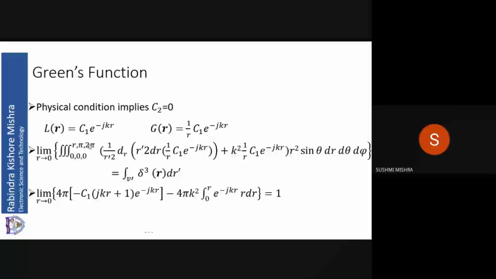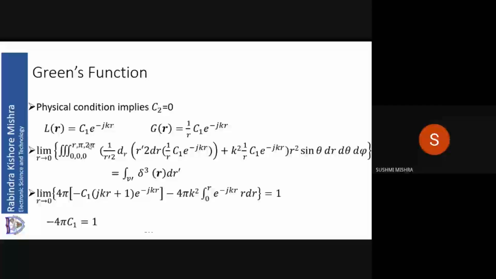See that the integration over r gives you minus C1 into jkr plus 1 e to the power minus jkr. Then the second term will be minus 4 pi k square. 4 pi is constant in both the cases. Minus 4 pi k square, integration 0 to r of e to the power minus jkr r dr. Right hand side is equal to 0. Now the interesting part comes.